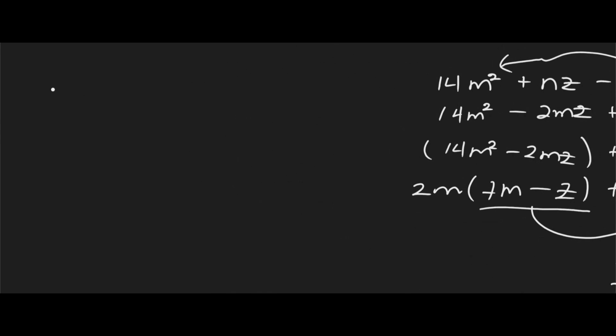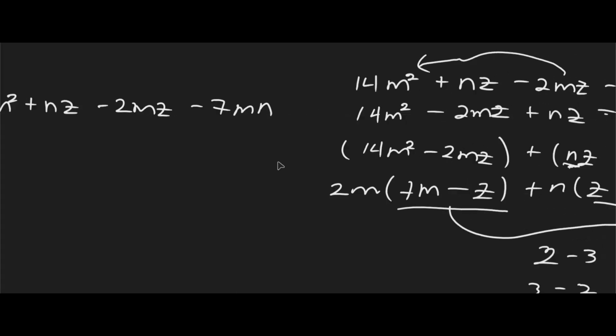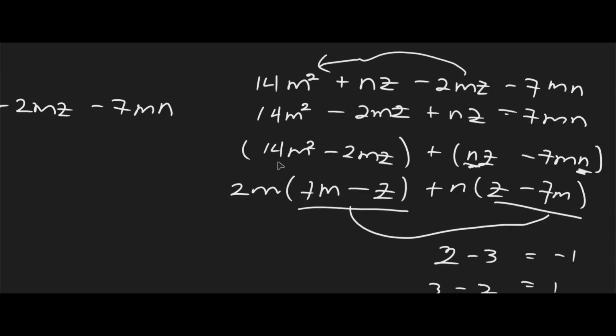So the expression was 14m squared plus nz minus 2mz minus 7mn. So in this one, this is why we did that. We couldn't get what we were expecting.